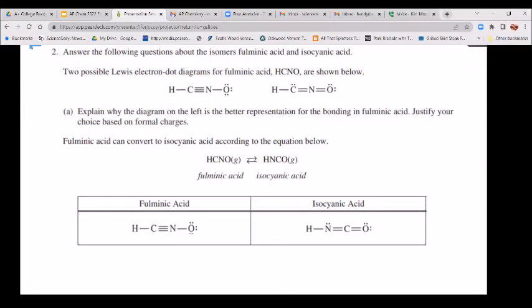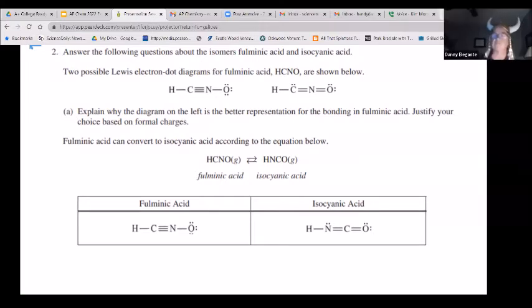So a single bond and a triple bond is the same thing as saying 8 bonding electrons. Half of 8 is 4. So 4 minus 0 minus 4 is 0. So the formal charge of carbon in that left-hand molecule is 0.